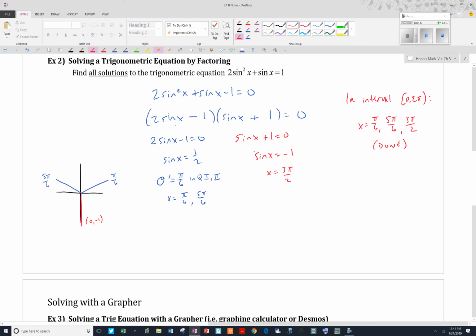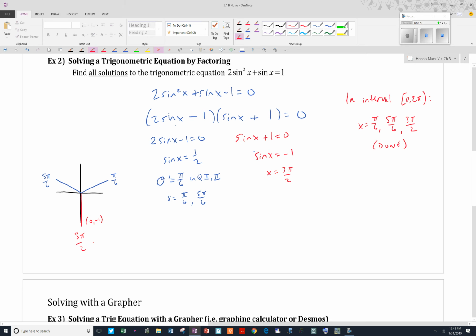Okay, but this is saying find all the solutions. So what we know is pi over 6 is a solution, and so is all of its coterminal angles. So in other words, if I took another trip around and then another trip around, any angle that's coterminal with pi over 6, any angle that's coterminal with 5 pi over 6, and any angle that's coterminal with 3 pi over 2 would also be a solution.